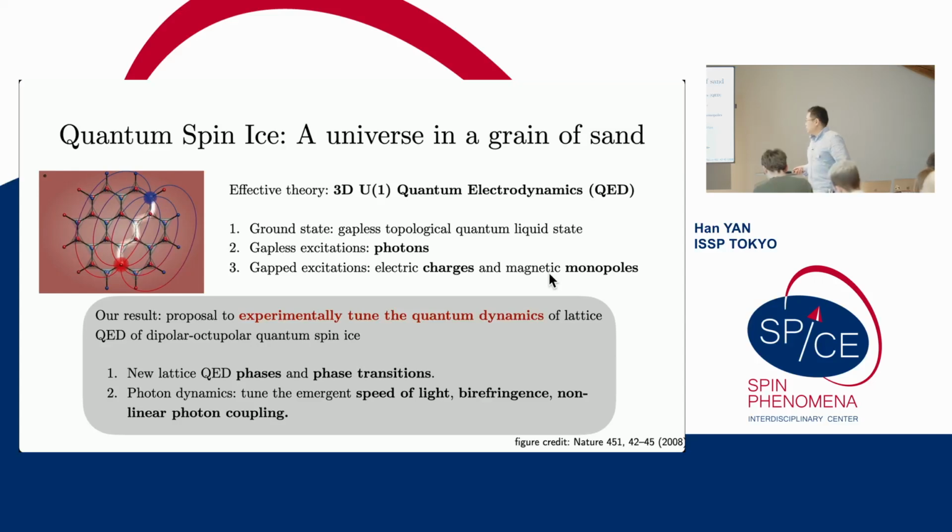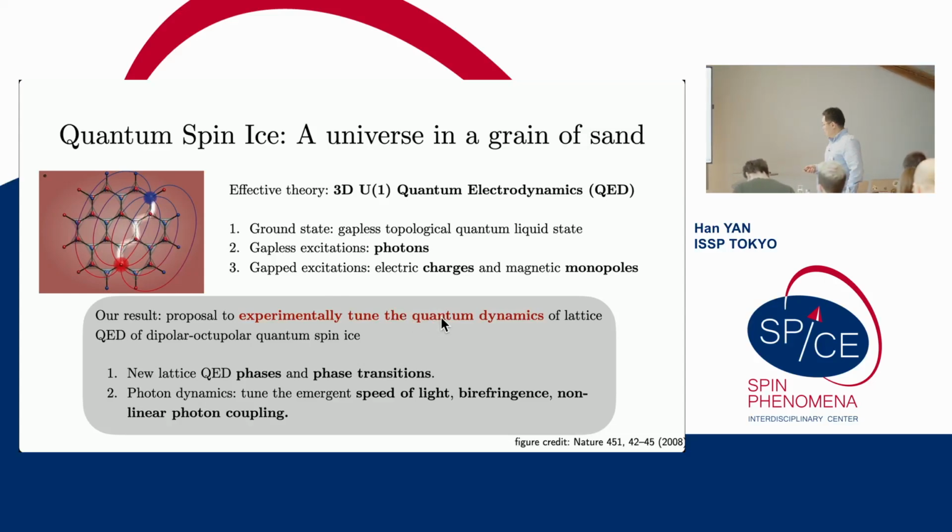Our proposal is that in a class of quantum spin ice material called dipolar-octupolar quantum spin ice, which I will explain later, it is actually very simple to experimentally tune or control the quantum dynamics of this emergent QED.